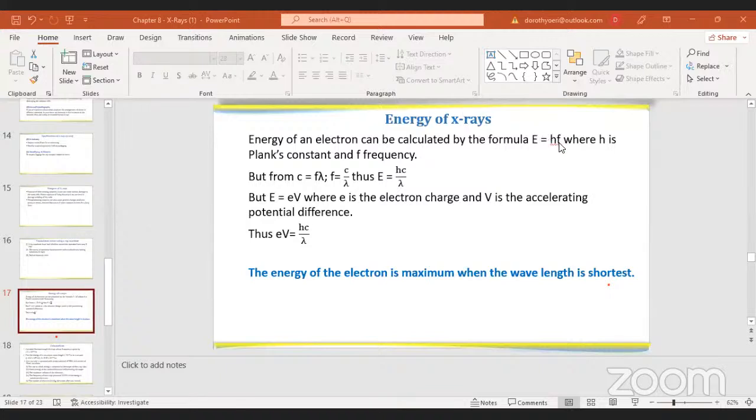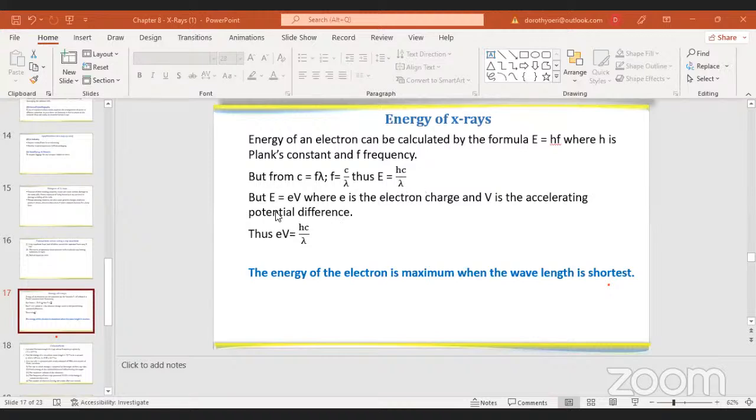The equations are still on the screen. If E is equal to hf, and we go to form two waves where speed of light is equal to frequency times wavelength, frequency is also equal to that. And therefore, at that point, energy can be what you have there, Planck's constant times speed of light divided by wavelength.